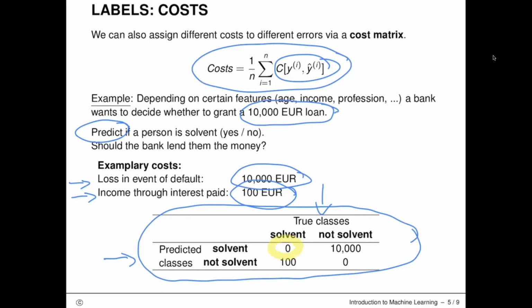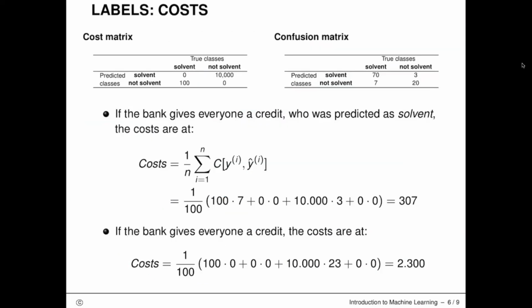So we don't have costs on the diagonal, but we have costs beneath the diagonal. So if we make an error, we have some costs, but the costs are not equally high. And with this cost matrix and a corresponding confusion matrix of the classifier, we can compute the costs the bank would have by using this classifier, which corresponds to this confusion matrix.